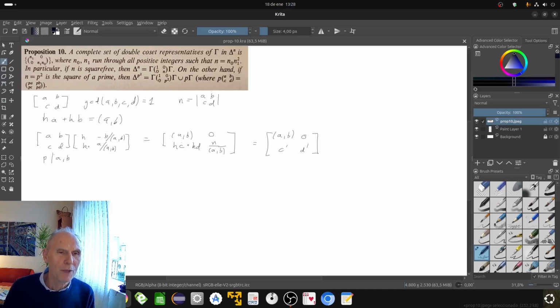So let's just rename it. And we went from the right, so I believe we must do it from the left now. Yes. So now we choose H and K so that it gives the greatest common divisor of A, B, and C mark.